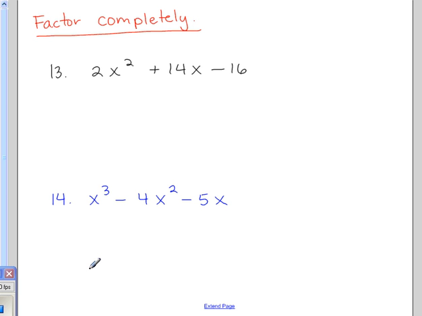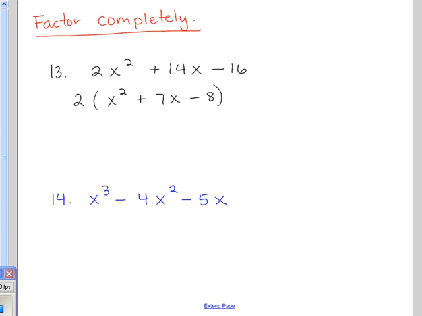So before you do anything else, we're going to factor out the 2, just like we did in the previous section. If I factor out the 2, that's going to leave me with x squared plus 7x minus 8.